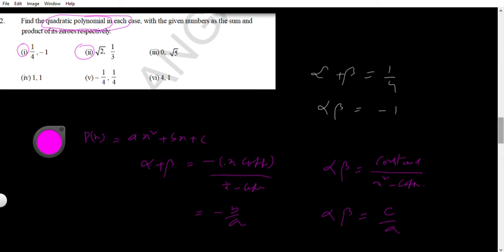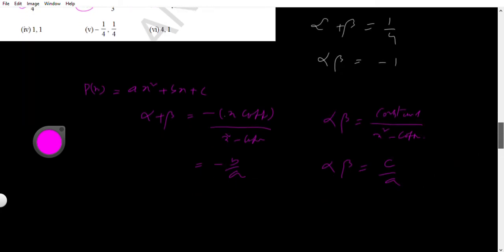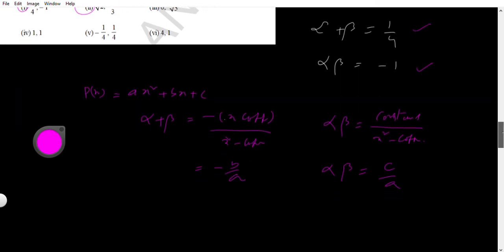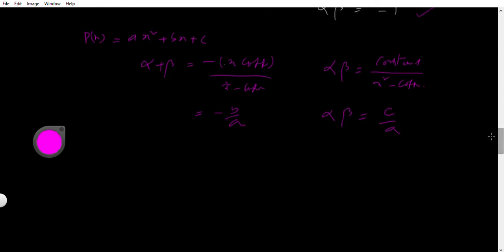So using this formula, I would like to find a quadratic polynomial whose sum is 1 by 4 and whose product is alpha beta. Here we need to know the formula if you have the sum and product of zeros. Suppose ax square plus bx plus c is my quadratic polynomial. Even if you divide by a, it gives the same polynomial.